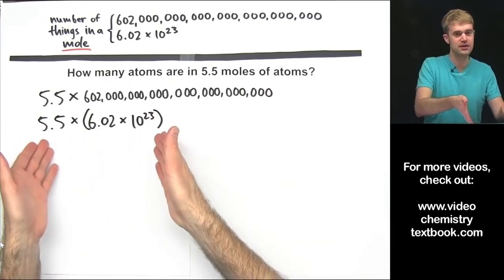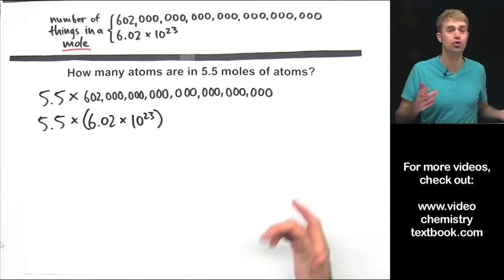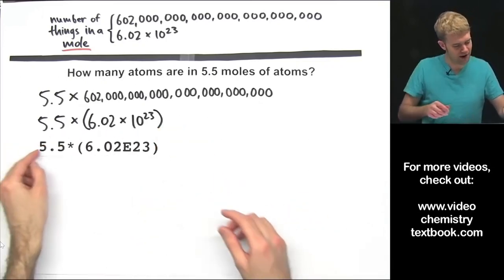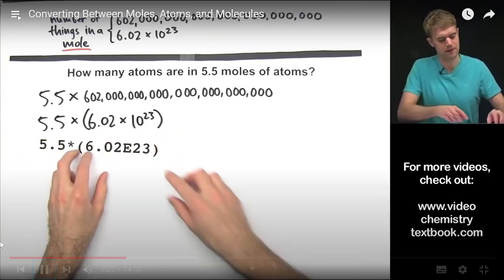Okay, so you've written this out. Chances are you're going to use a scientific calculator or graphing calculator to solve this problem. So here's how you're going to type it in: 5.5 times 6.02 E23. What button do you use for E? Either EXP or EE or times 10 to the whatever.